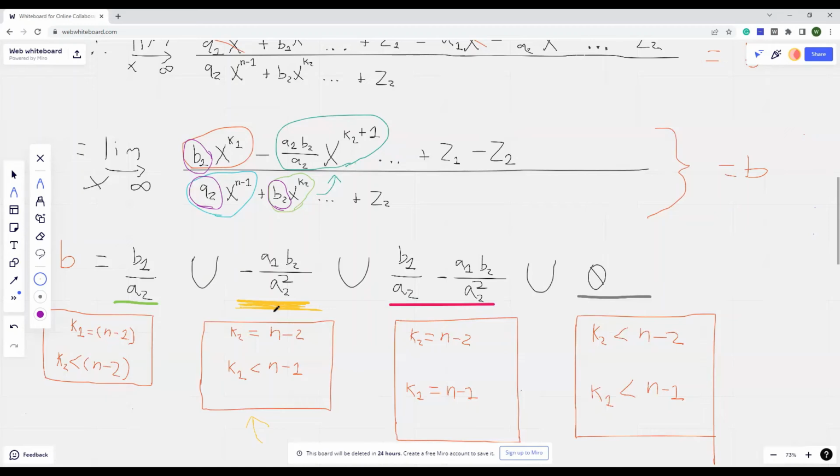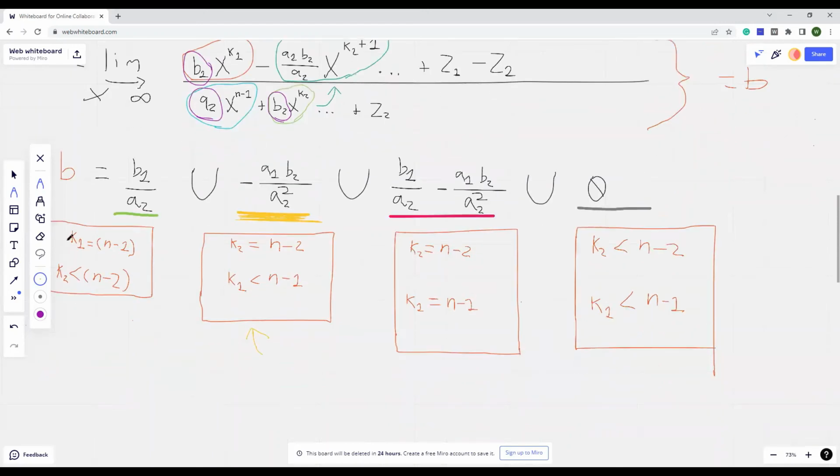So, okay, but then let's say that k sub 2 does equal n minus 2, right? Let's look at this next one here. In that case, k sub 2 does equal n minus 2 and k sub 1 does equal n minus 1.